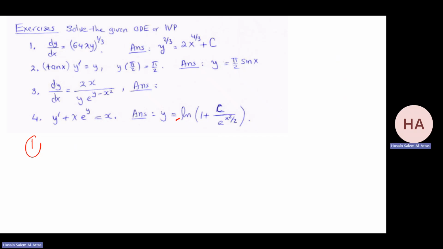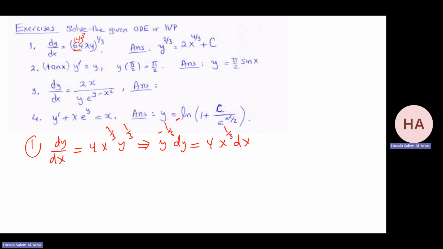Okay. This one, dy over dx will be equal 64, which is 4 cubed, so I have 4x to the power 1 over 3, y to the power 1 over 3. So if I separate them, I have y to the power minus 1 over 3 dy equal 4x to the power 1 over 3 dx.